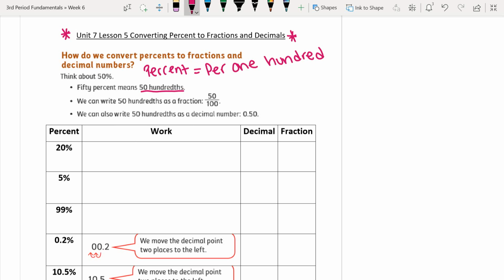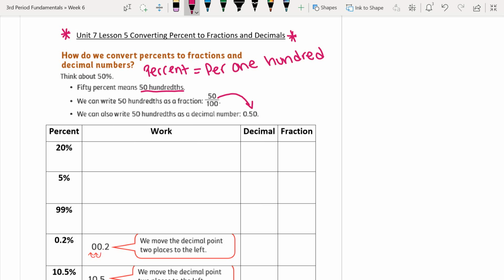Now, what I really like is that when you have a percent, it's actually quite easy to change a fraction that has a denominator, or bottom number, of 100 to be a decimal. And we're going to see that because all we have to do is take our top number and move our decimal 2 spots to the left. So we're going to practice that.